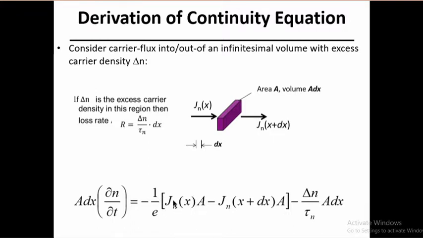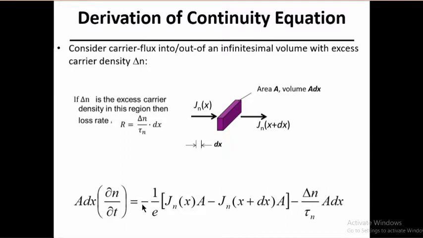We know that the flux is equal to the current over the charge multiplied by the area. So in this case we have the change from in to out. What's inside the semiconductor is Jn of x minus Jn of x plus dx, all multiplied by the area A divided by the charge e. So that gives me the flux.